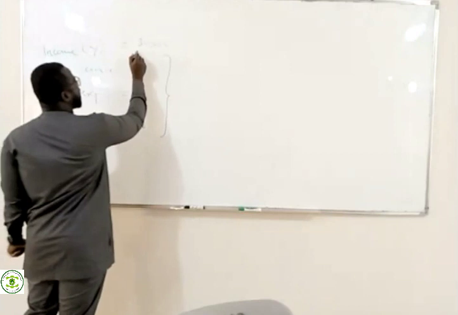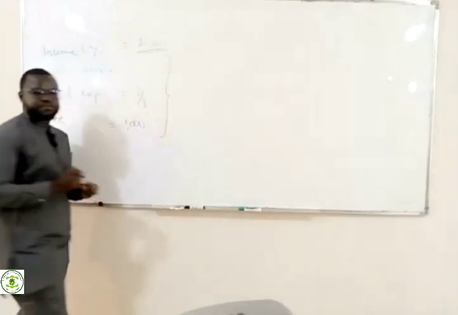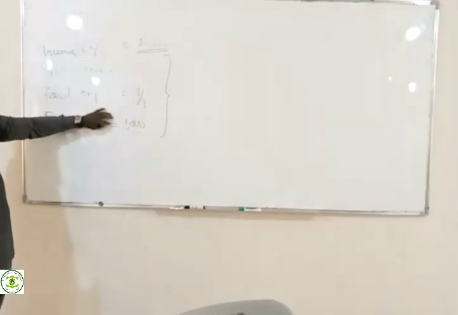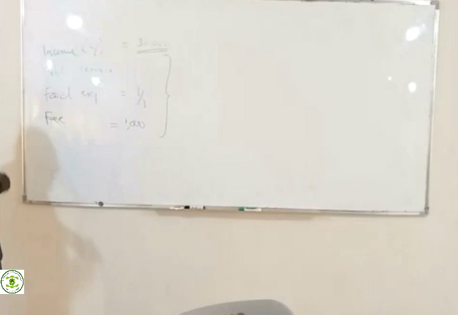What we are seeing here as 30,000 is not the investment income, because he still has certain items to spend on before he invests the remaining. Are we together?